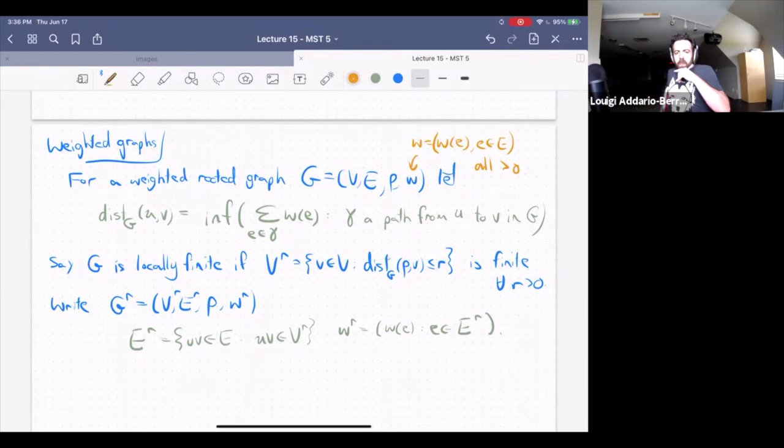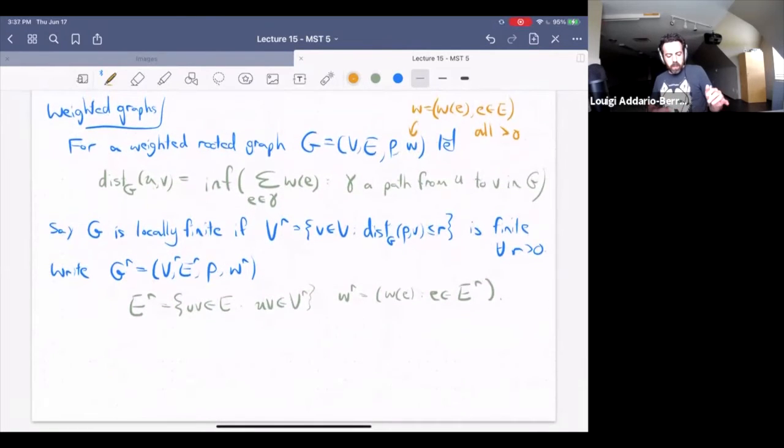The definition of similarity is a little bit more involved for weighted graphs, and a simple example will explain why. Let's think about a very simple example of a triangle where all the edges have weight 1 minus delta.